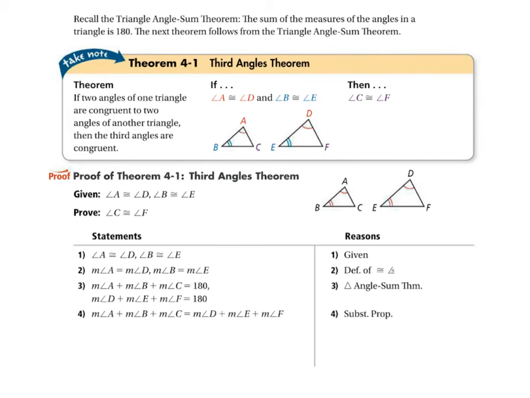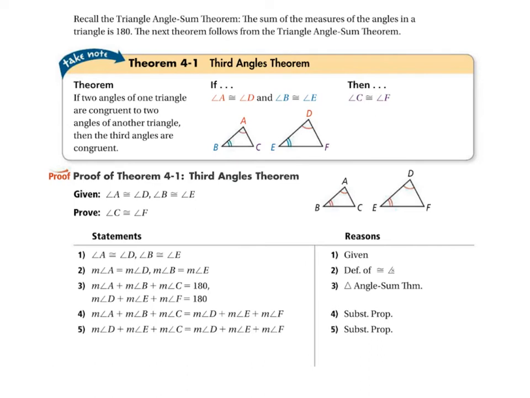Then we know that through the substitution property, we could also say, do you know what else we could say? Yes, the transitive property of equality, that the measure of angle A plus the measure of angle B plus the measure of angle C equals the measure of angle D plus the measure of angle E plus the measure of angle F. And watch what we can do next.